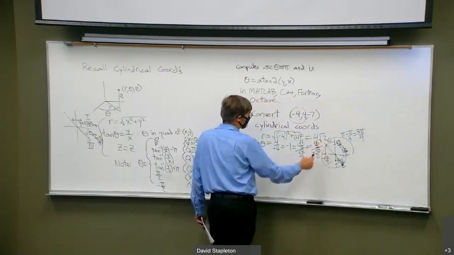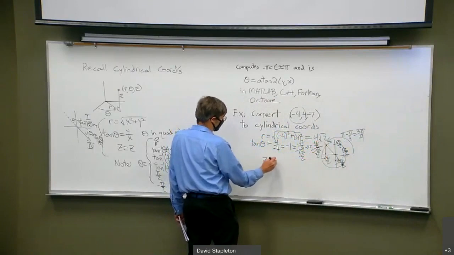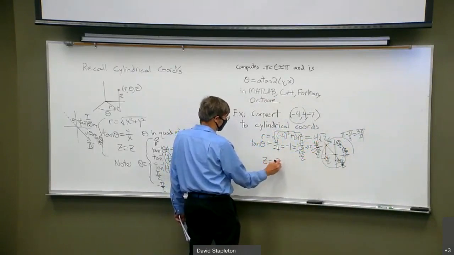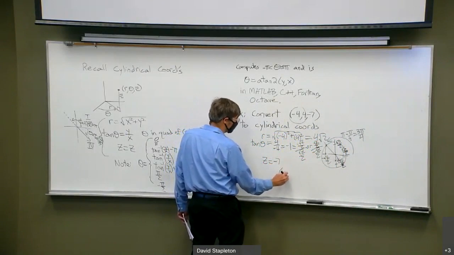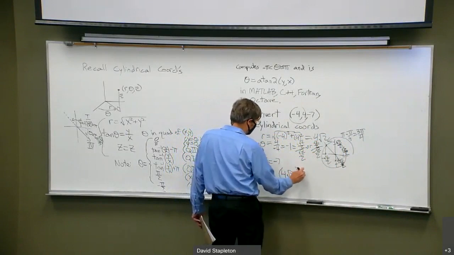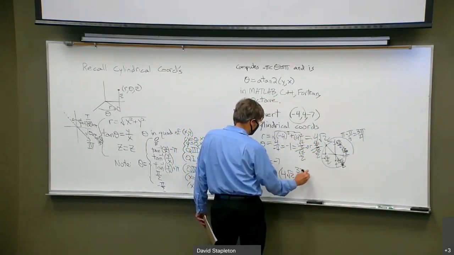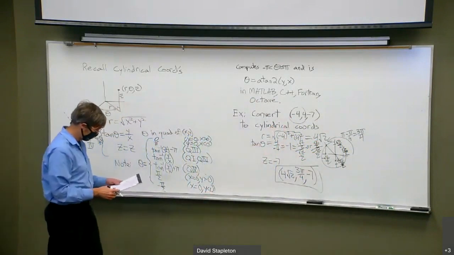Once you see these two are equal, you know it's a pi over 4 angle. And then z is equal to c is -7, and so the coordinates are r 4 square root 2, theta 3 pi over 4, z -7. There's the cylindrical coordinates from these rectangular coordinates. It's not too bad.